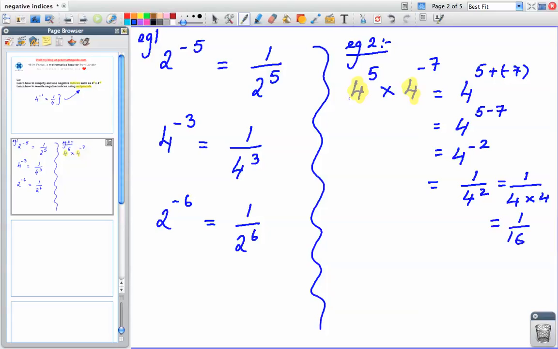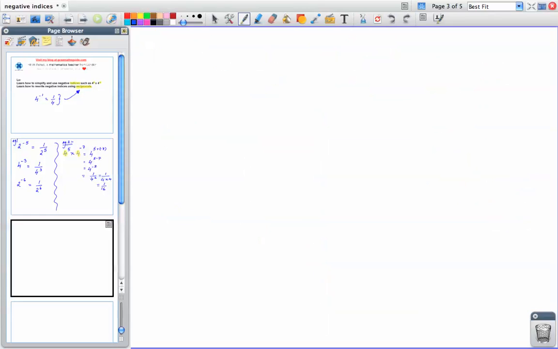Let's take a look at another example where instead of multiplying, we're going to be dividing. So that will be example number 3. Let's say we had 4 to the power of 7, and I want you to divide that by 4 to the power of 10.